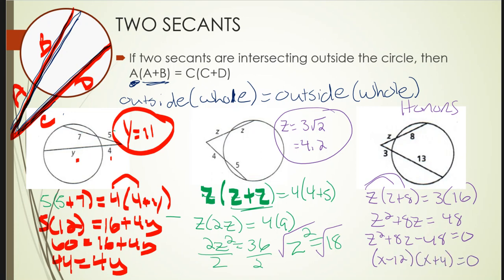And my answers here would be x equals 12 or x equals negative 4. And in that case, I'm sorry, this is a z. I tend to always switch it to the x's by habit. So it's z equals 12 or z equals negative 4. And it can't be a negative segment out here. So I would go with 12 for my answer.